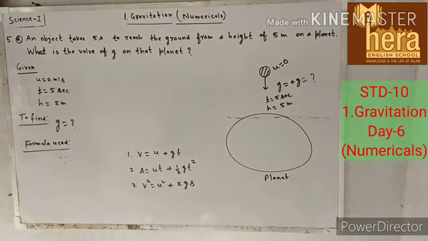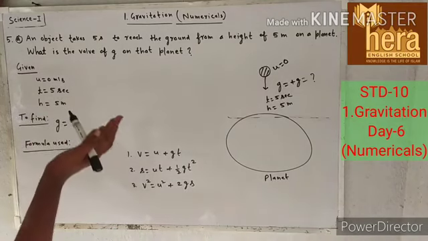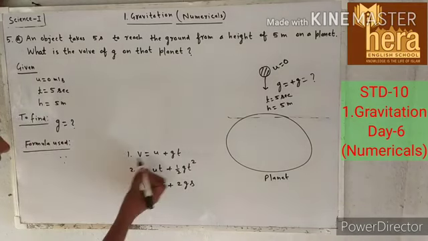Understood? But here I have taken H. H is the height. So in this equation, you can write S is equal to H is equal to 5 meter. You can assume this is S. S means height or distance. Here distance is H, height is H is equal to 5 meter.